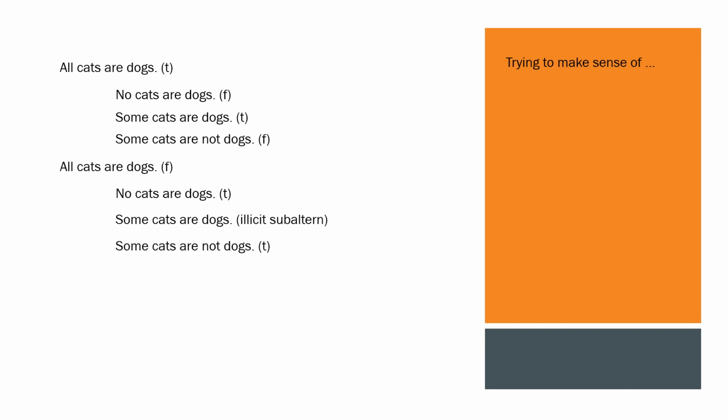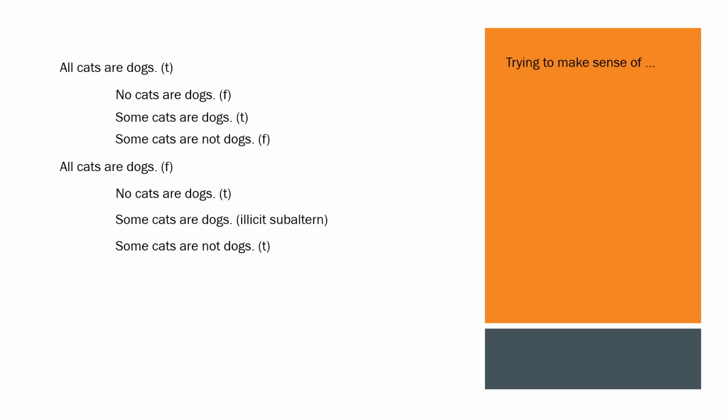And you can have the same analysis here, but one note worthy of note is the relationship between A and I. If we start with an F A, then we'll get an illicit subaltern I. Why?